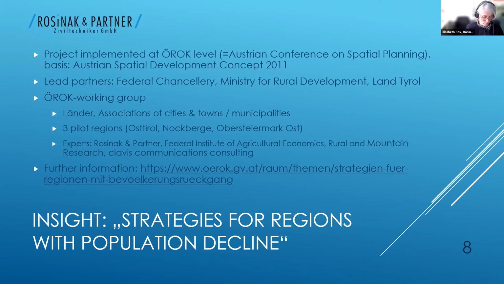Rosinak and Partner was one of them, but there were also experts from the Federal Institute of Agricultural Economics, Rural and Mountain Research. I also saw Thomas Dax, one of these experts, today in the meeting. And we also had on board Clavis Communications Consulting, who were consulting us with a lot of things related to communication.